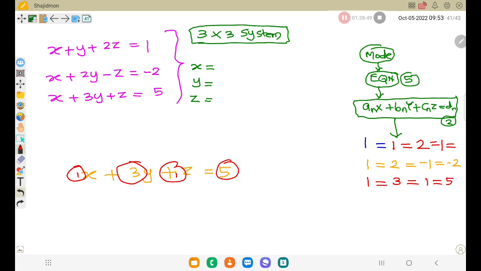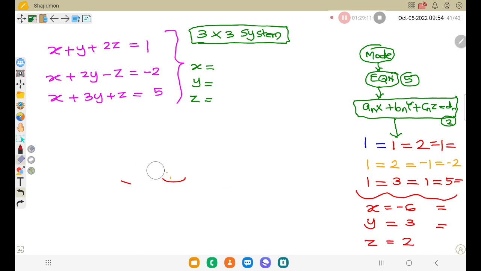Press equal to. The calculator immediately shows your x number, -6. Press equals, you will get the y number, 3. Press equals, you will get the z number, that is 2. We get the solution easily from the calculator.